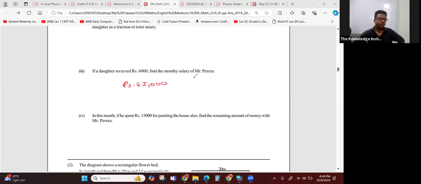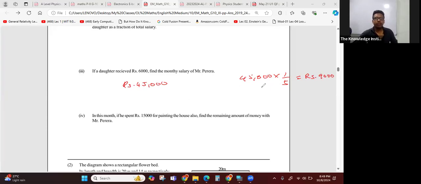So from this 45,000, initially he spent 1 out of 5 of his salary for food. So 45 divided by 5 is 9,000. Therefore, for food, rupees 9,000 is allocated.